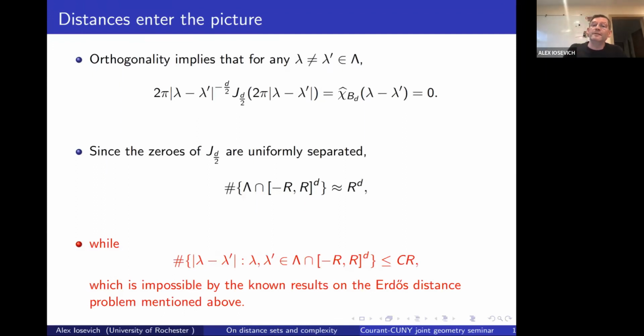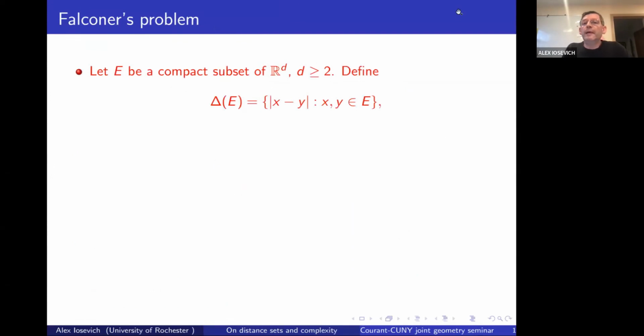Okay? There are many variations on this that I'm not going to discuss today, but this is an illustration of how distance sets arise in what one might think is a fairly improbable setting, namely the setting of grungy hardcore functional analysis. Okay? And so let me now go back to distance sets.